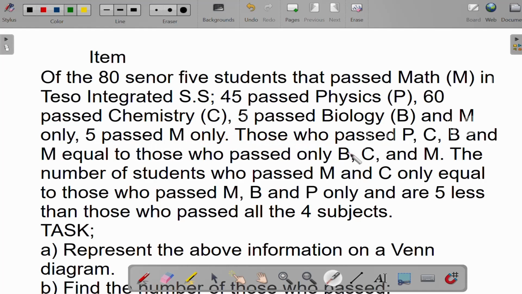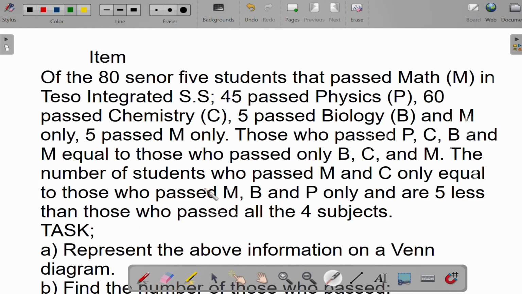Those who passed physics, chemistry, biology, and mathematics equal those who passed only biology, chemistry, and math. The number of students who passed math and chemistry only equals those who passed math, biology, and physics only, and are 5 less than those who passed all the 4 subjects.